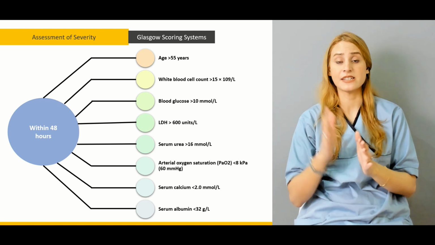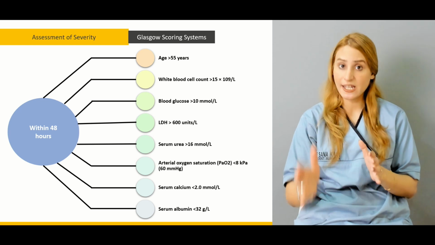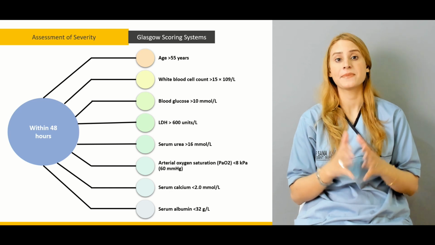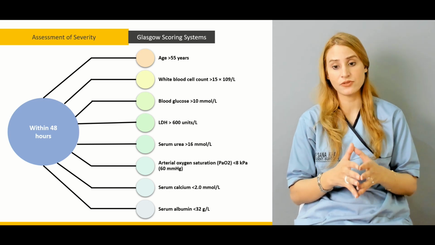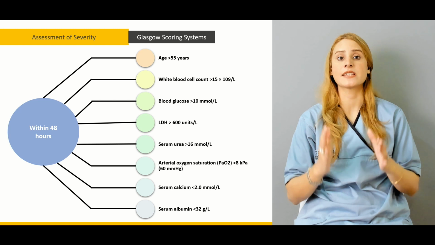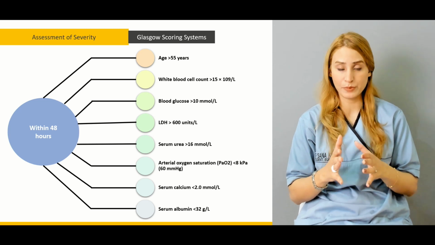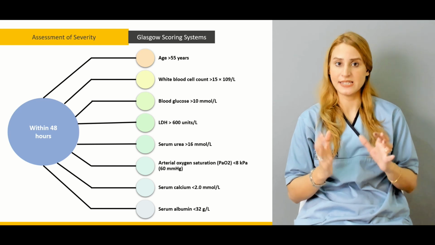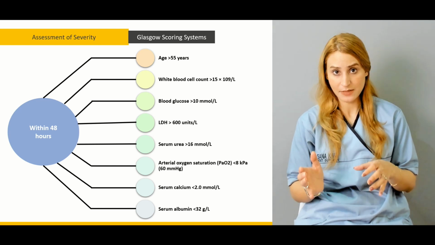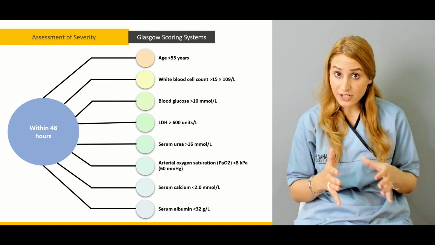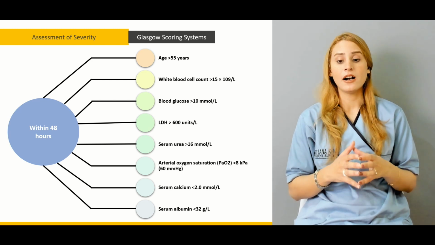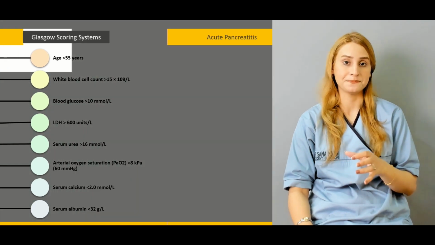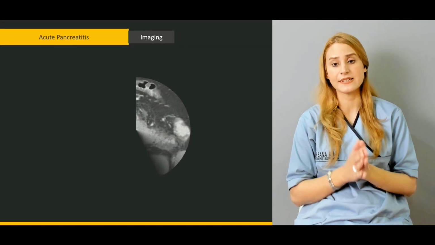So the parameters are: age greater than 55, TLC count greater than 15, blood glucose level greater than 10, LDH level greater than 600, serum urea levels greater than 16 millimole per liter, arterial oxygen saturation less than 8 kilopascals or less than 60 millimeters of mercury, serum calcium levels less than 2, and serum albumin less than 32. Then obviously you're going to put it in severe acute pancreatitis.